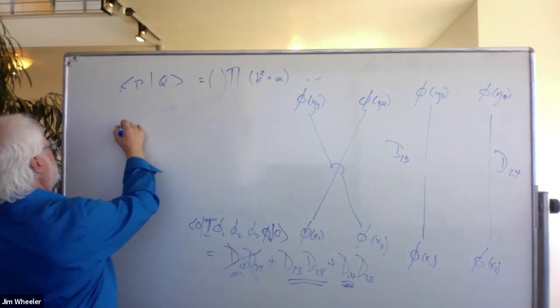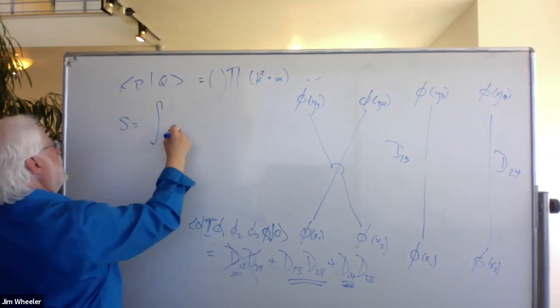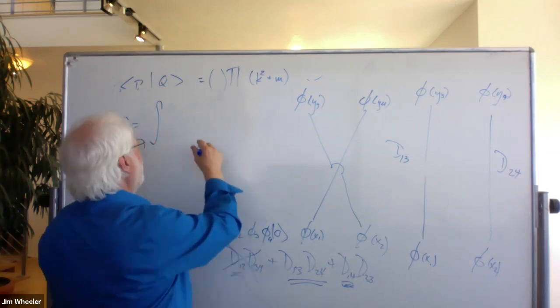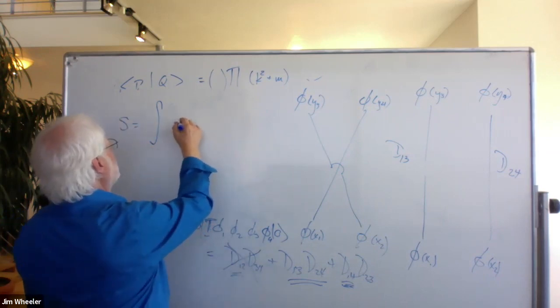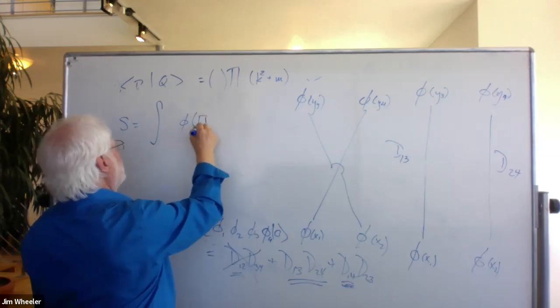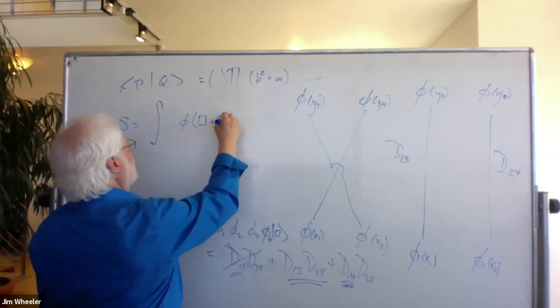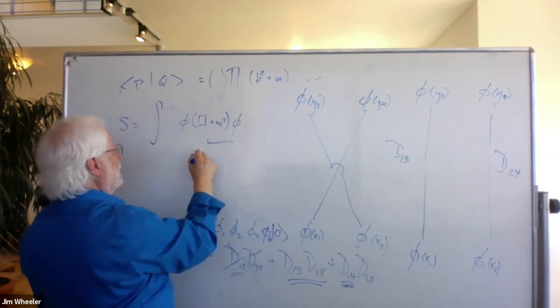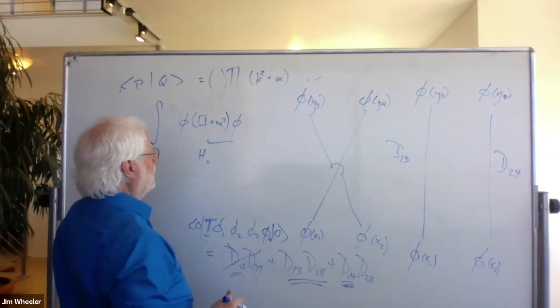Let me write the action. Let's make it simple. So this is our basic unperturbed free field.